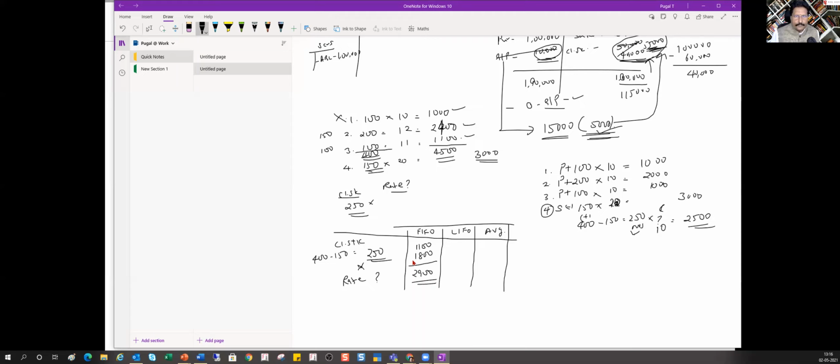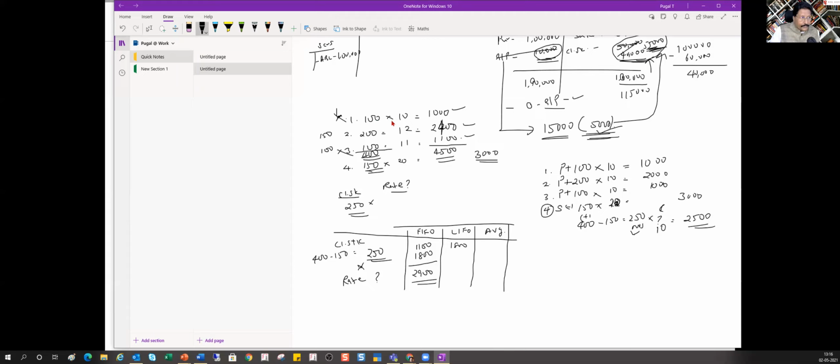So let us apply LIFO, which is the reverse of that. Under LIFO, I've sold 150. The 100 numbers at 11 rupees came in last, so that has to go out first. So this 100 is gone. Now out of this 200, again 50 is gone. So the balance that is left with me is 150, and 150 into 12 rupees is 1800.